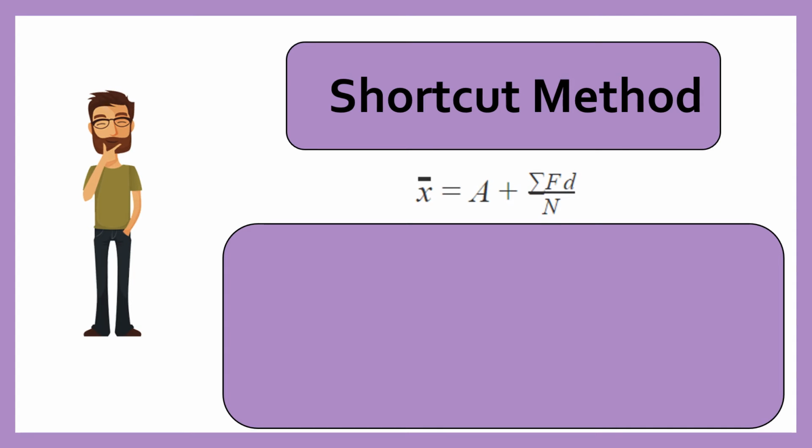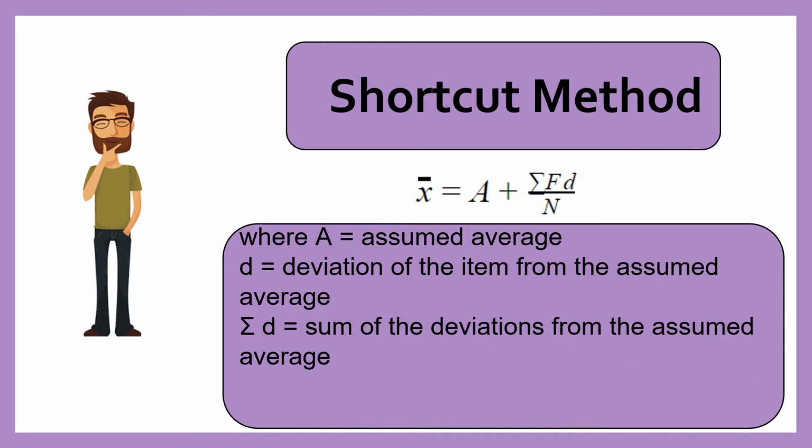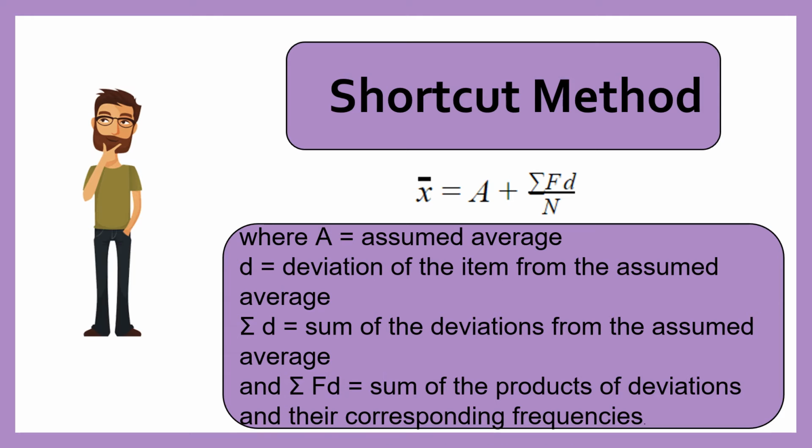Here is the formula. Now, A is the assumed average, D is the deviation of the items from the assumed average, summation D is the sum of the deviations from the assumed average, and summation FD is the sum of the products of deviations and their corresponding frequencies.